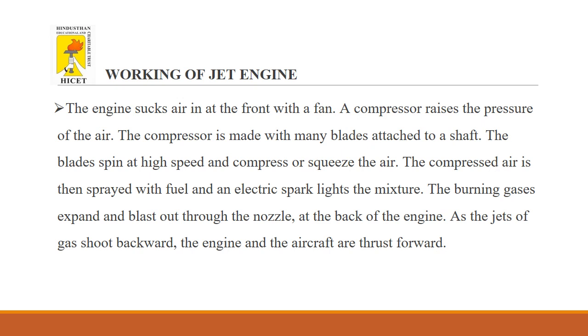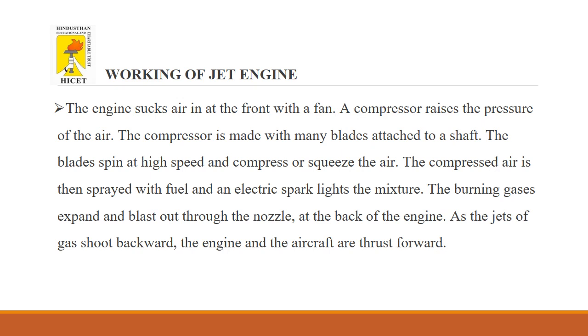The working of a jet engine is predominantly that it breathes air, that is, it sucks in air in front with an intake, which is compressed by the compressor. The compressor is attached to a shaft which is in turn connected to the turbine.